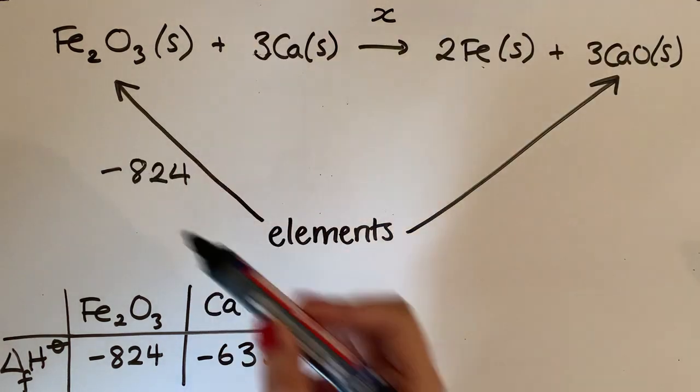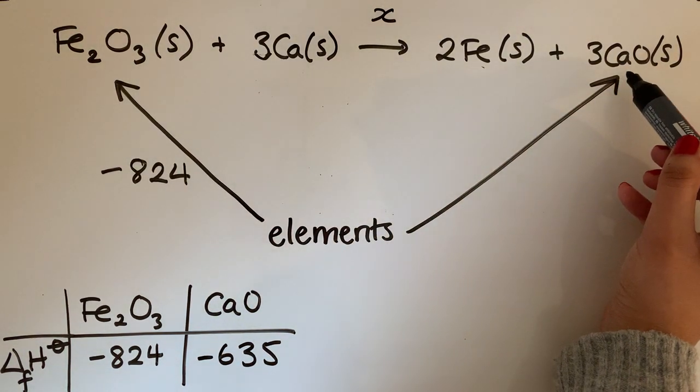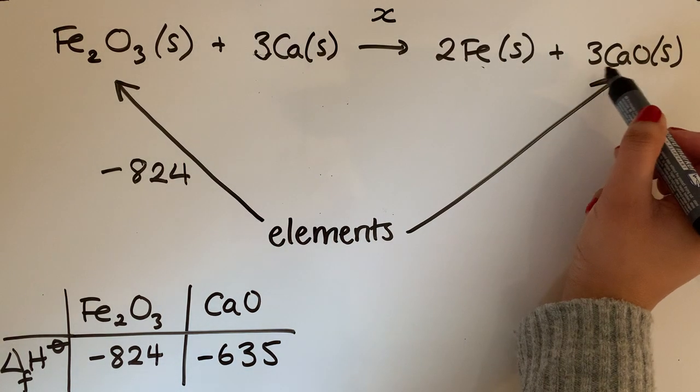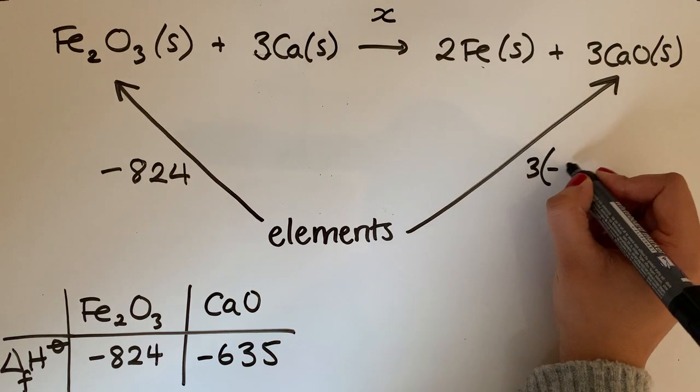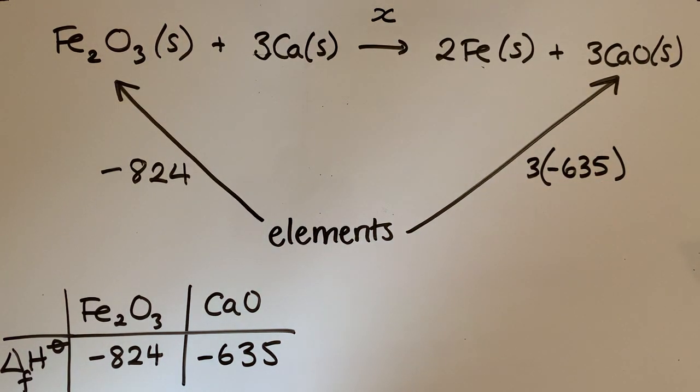So we've done that arrow over there, and this arrow over here, the one to make calcium oxide from its elements, forming 1 mole of calcium oxide is worth minus 635 kilojoules per mole, but we're making 3 moles here, so this arrow is actually worth 3 lots of minus 635 kilojoules per mole. So this is what we mean by an indirect route.